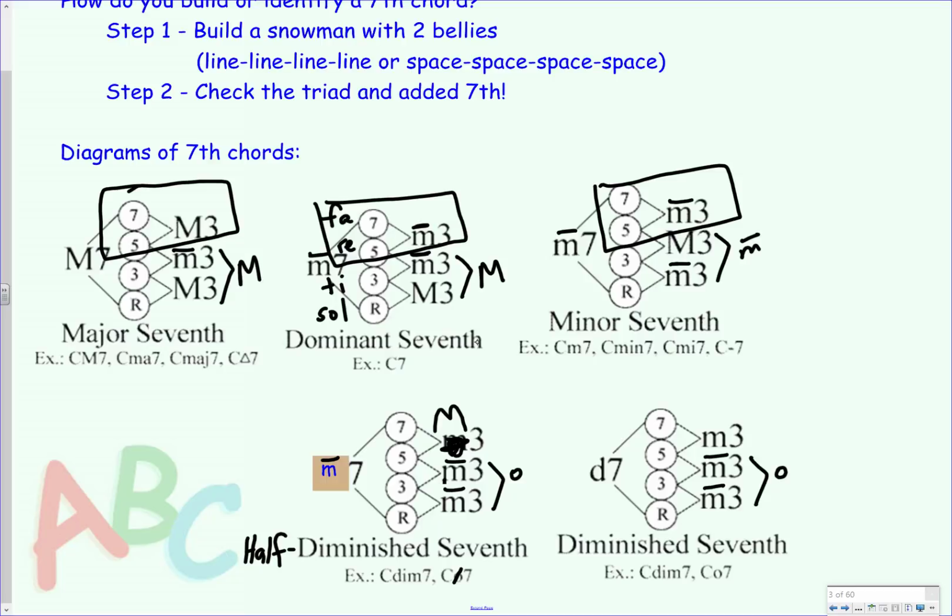We can look at the interval from the 5th to the 7th in the half diminished 7th, and we can see that from 5th to 7th, it's a major 3rd. There was a typo, so I had to cross out that and write in the capital M. Major 3rd exists from the 5th to the 7th in a half diminished 7th chord.